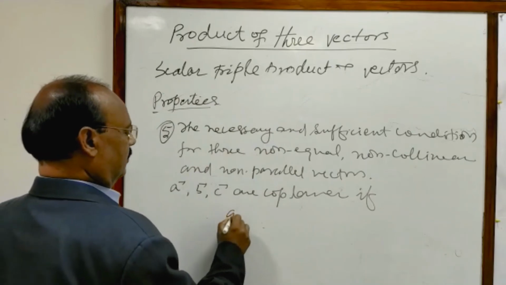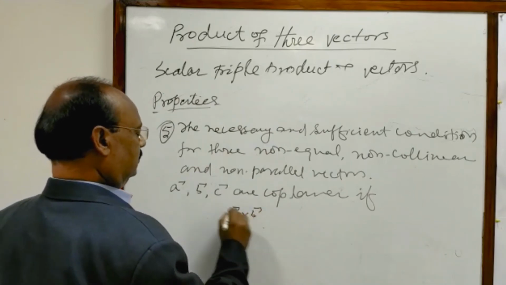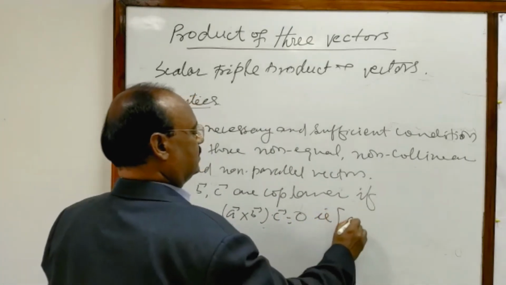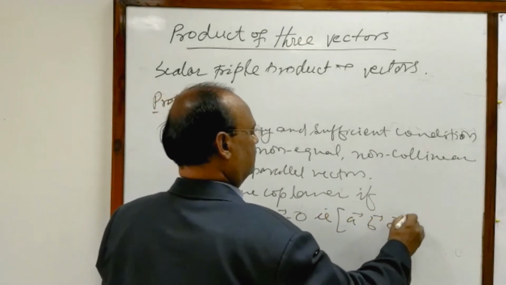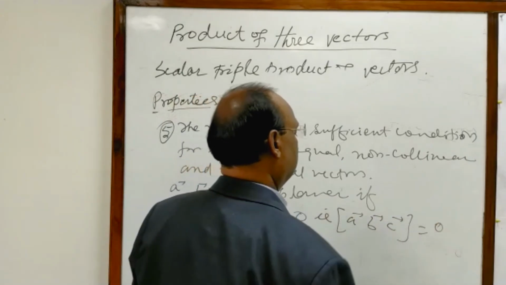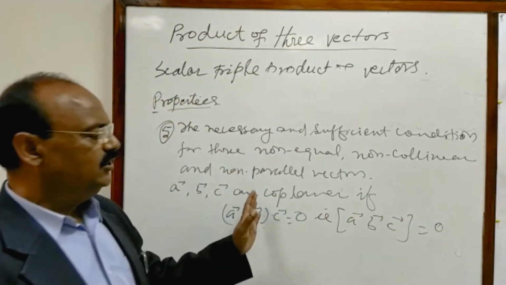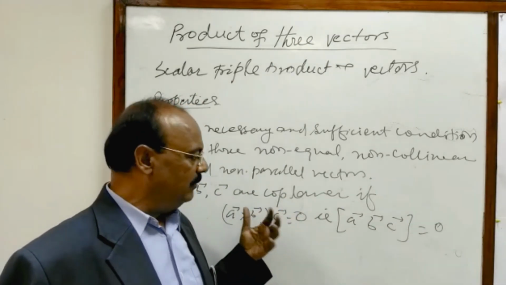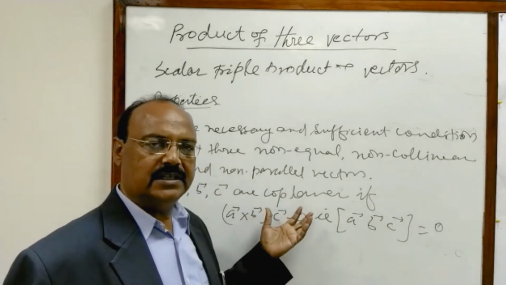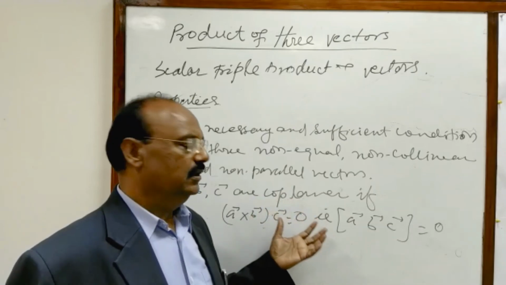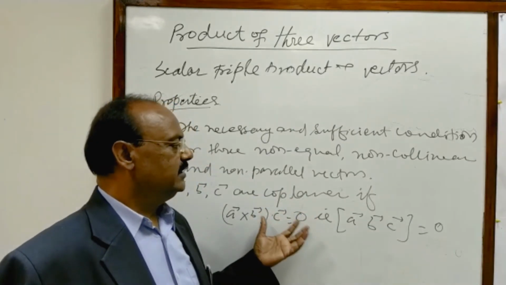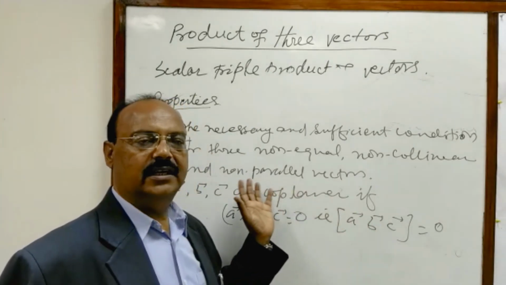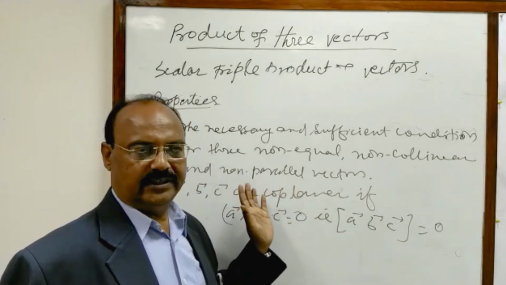That is, A cross B dot C is equal to 0. That is, A, B, C in this bracket is equal to 0. So we can use this property in exercises also when we have to prove that three given vectors are coplanar. So simply there we will show that the scalar triple product is 0. It will be proved that these three given vectors are coplanar vectors.